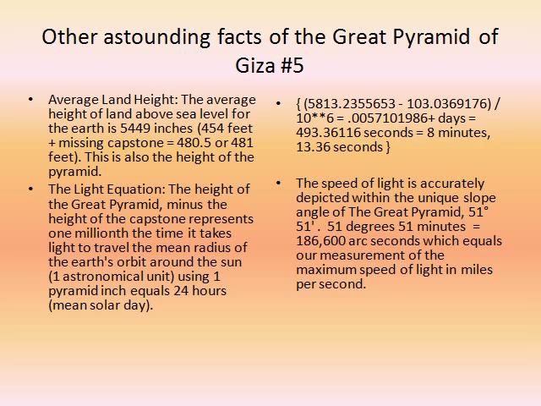The light equation is very interesting. The height of the Great Pyramid minus the height of the capstone represents 1/1,000,000th of the time it takes light to travel the mean radius of the Earth's orbit around the Sun. 1 astronomical unit, using 1 pyramid inch, is equal to 24 hours, mean solar day.